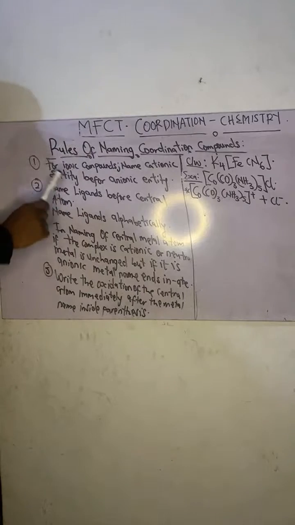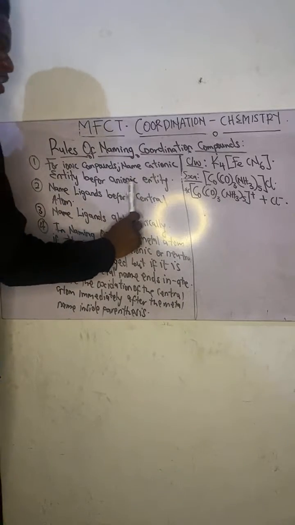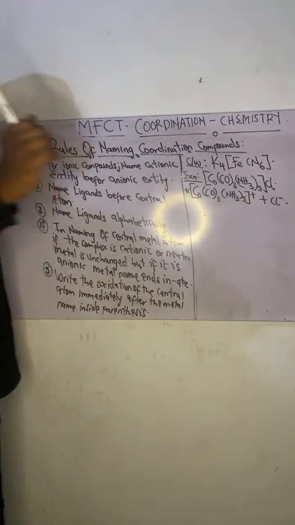Now, after that, we go for rule number 1, which states that for an ionic compound, name the cationic entity before the anionic entity. In this case, the coordination sphere is the cationic entity, while the counter-ion is the anionic entity. So we are going to name the coordination sphere before the counter-ion. In naming the coordination sphere, we name the ligands before the central atom.